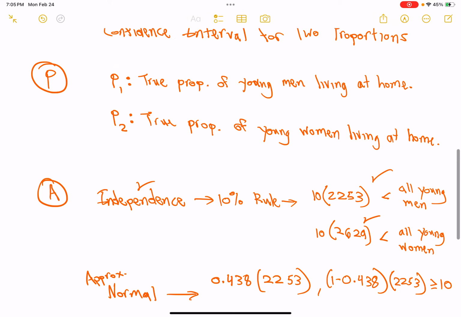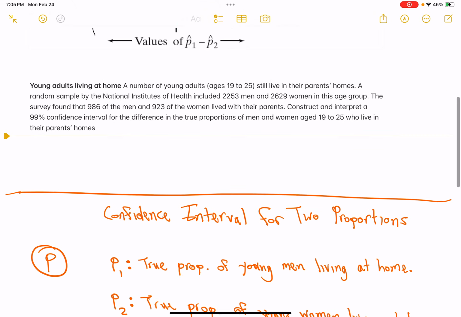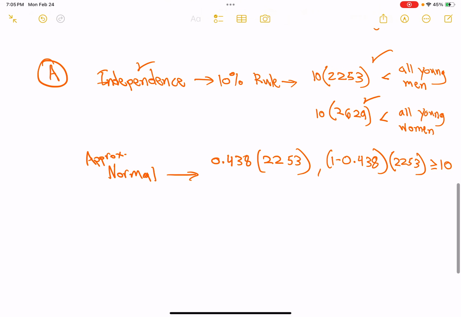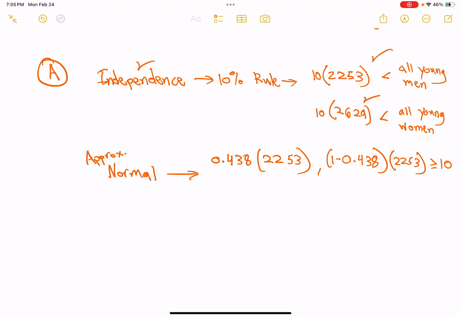That is clearly stating that those two separate things both lead to the same conclusive value. And the same thing we can do below for women. It would be 0.35 was the calculation I was able to get for the P hat for women. So P hat 2 times 2629. And then 1 minus 0.35 times 2629. All greater than or equal to 10.